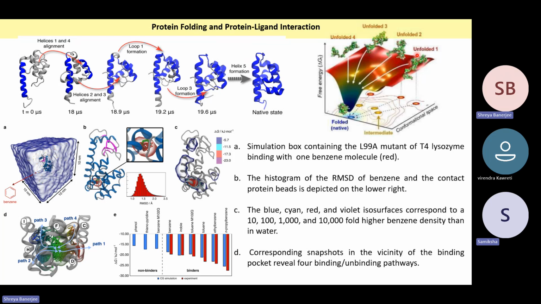What is more important to study is the unfolded to folded pathway, because then we will get all these intermediate regions. You can see, if we are coming from an unfolded one to the folded, there are several intermediate regions, and same for the other unfolded states also. So it is always better to study unfolded to folded.